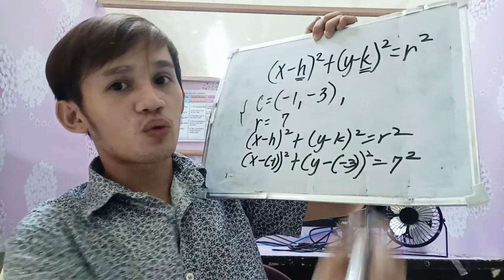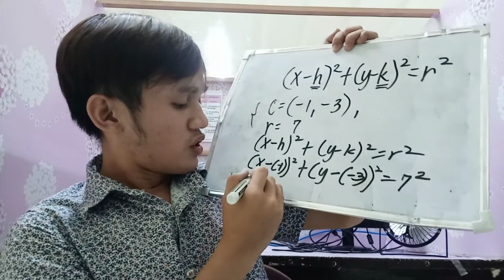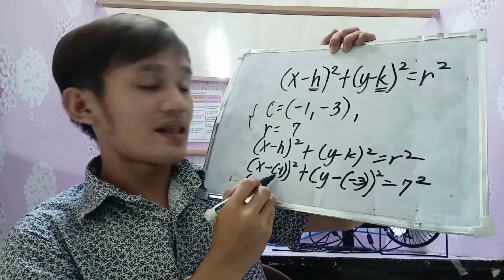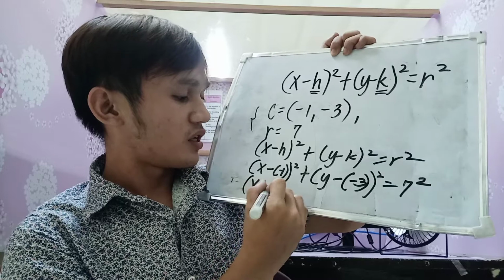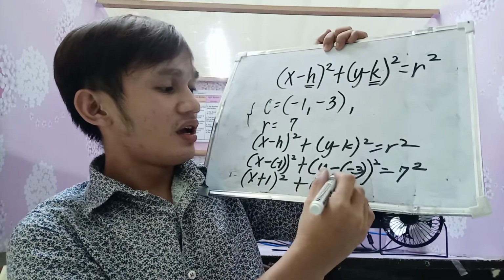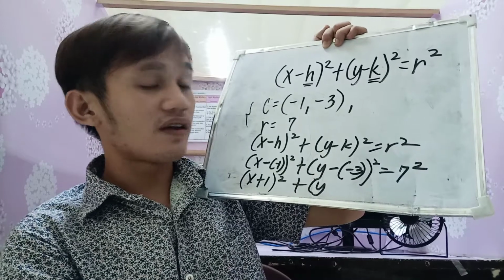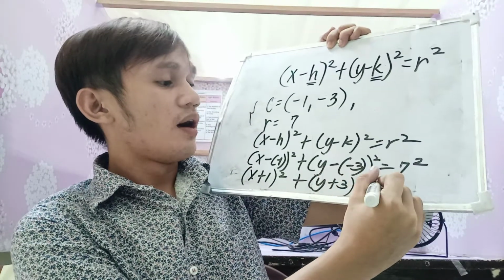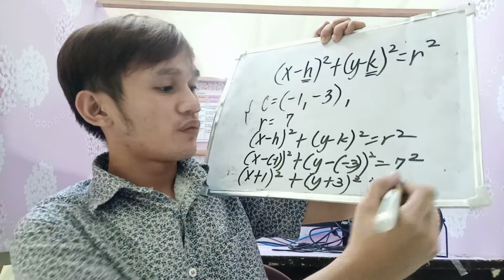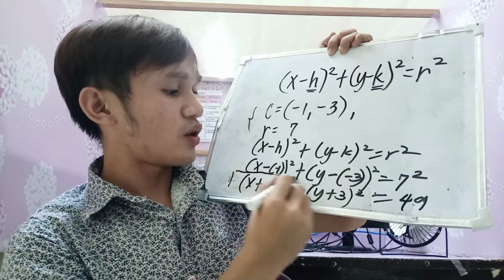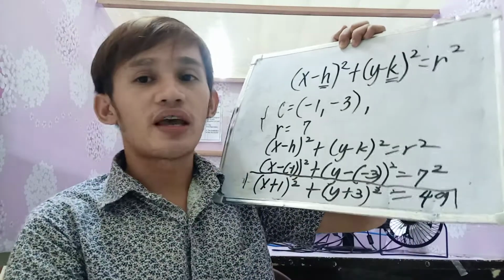Don't forget to square. So this will be the quantity of x, negative times −1 is positive, squared, plus y, negative times −3 is also a positive, squared, is equal to 7² is 49. And that is the standard equation of your circle.